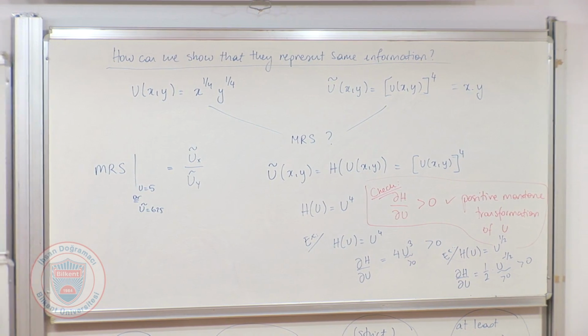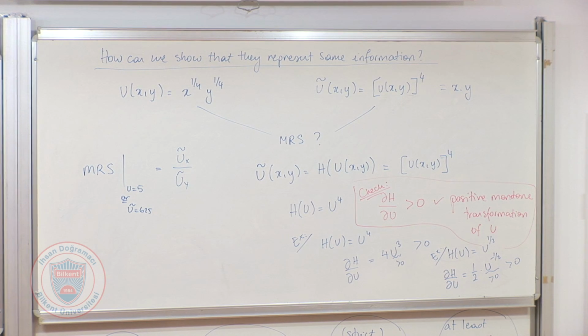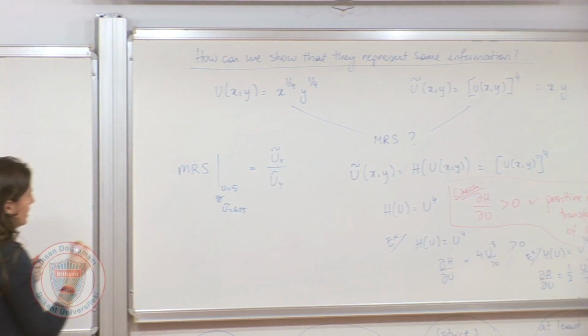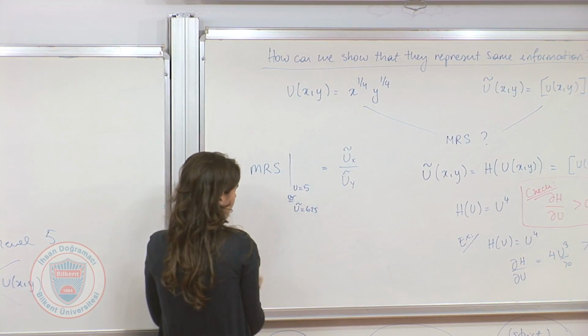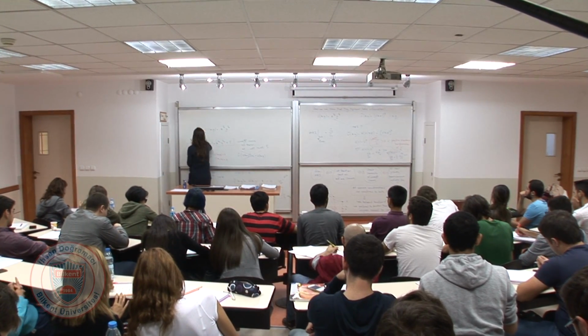Now, after we understand what a positive monotone transformation is, my question still stands. What is this? If I want to take the partial derivative of this with respect to that, let me write that down. So let's write it.